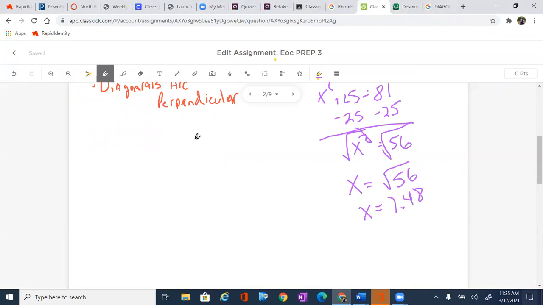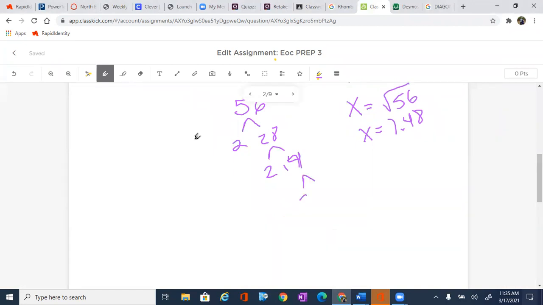Or we can break down this square root of 56. I could take 56, which is 2 times 28, or 2 times 14. Then we take 14, we get 2 times 7. Then we can break that down: 2 times 2 times 2 times 7.